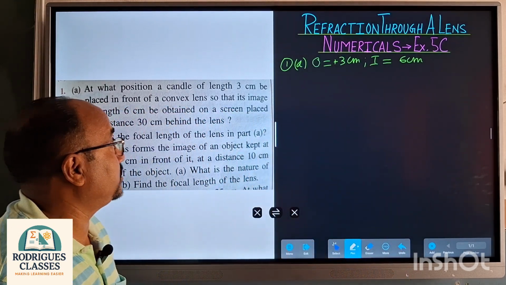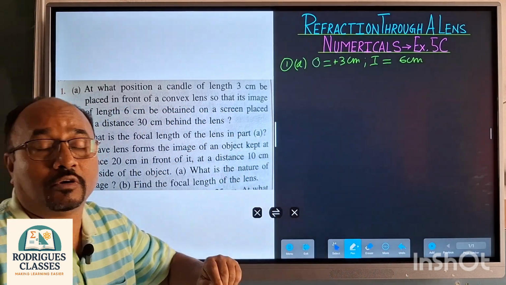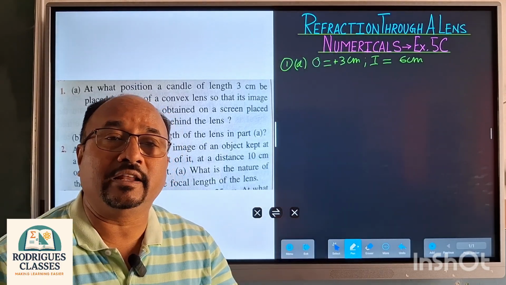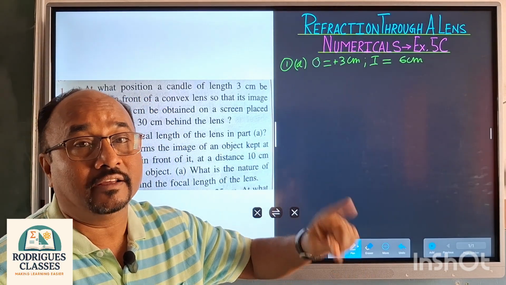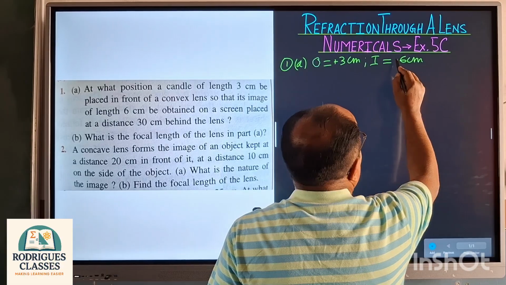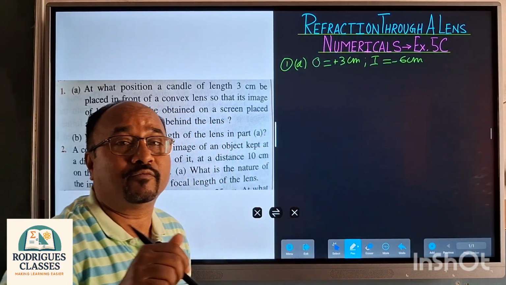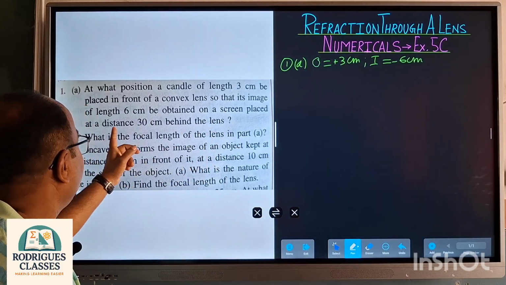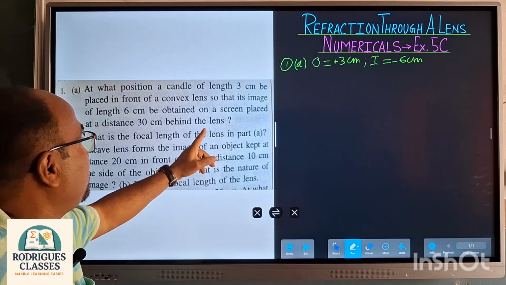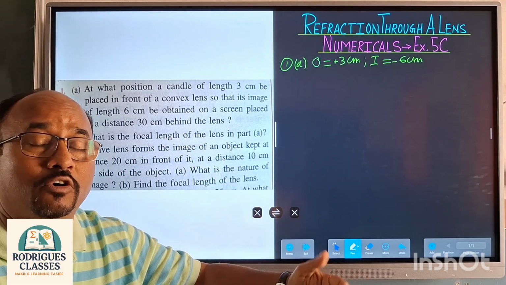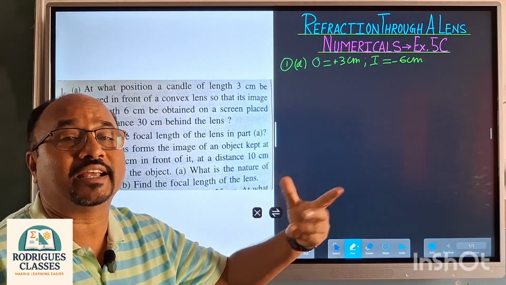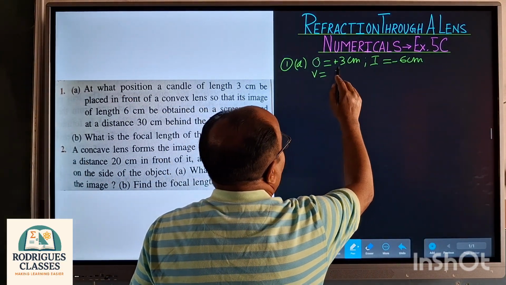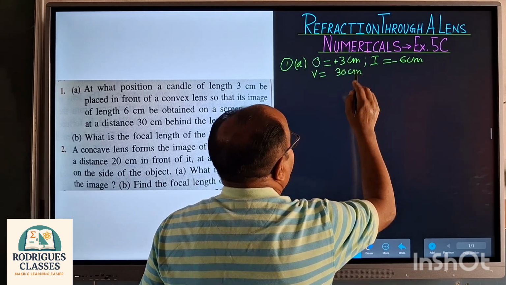Now pay attention. I had told that the image is formed on a screen. A real image is formed on a screen, and the real image is always inverted, so I will get a negative sign. All these we have to pay attention to in these numericals. Let us see ahead. The image is formed at a distance of 30 centimeter behind the lens, so the V value is given as 30 centimeter.